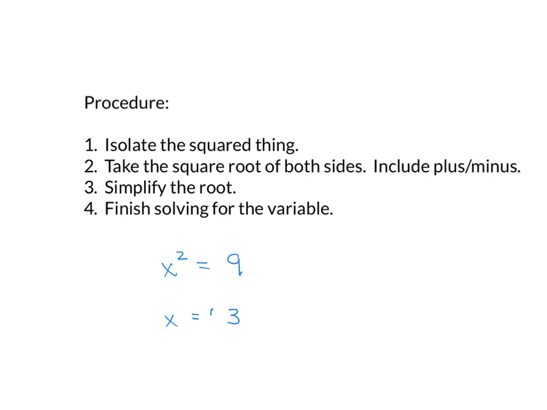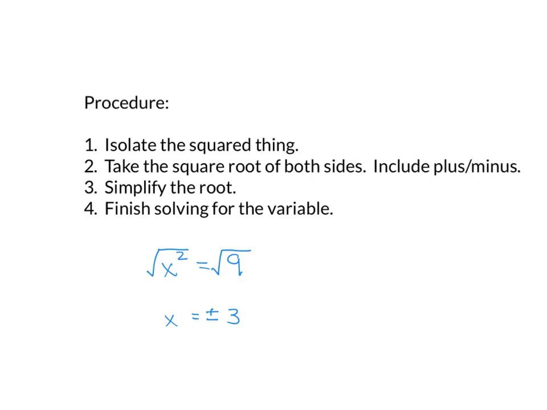And so we have plus and minus 3. So what did I do in order to get from the top step to the bottom step? I take the square root of both sides, and I include the plus and minus.